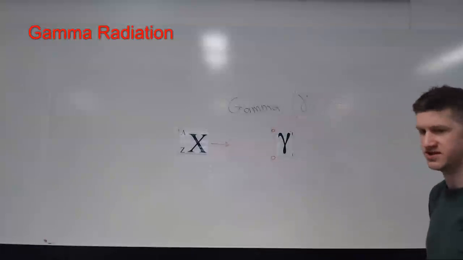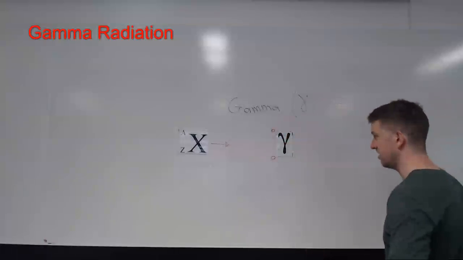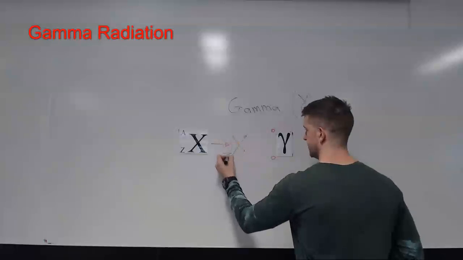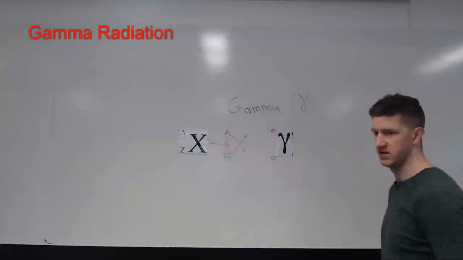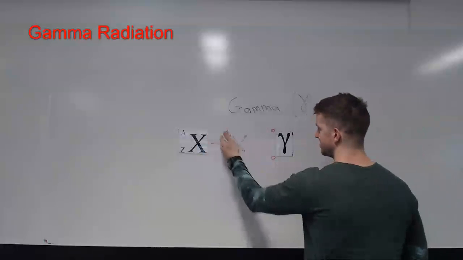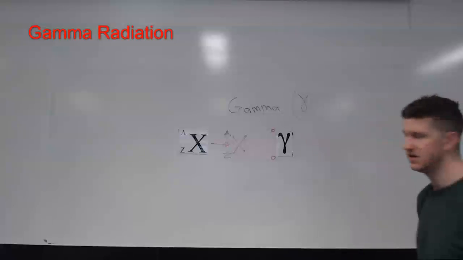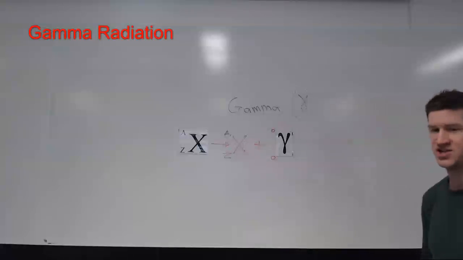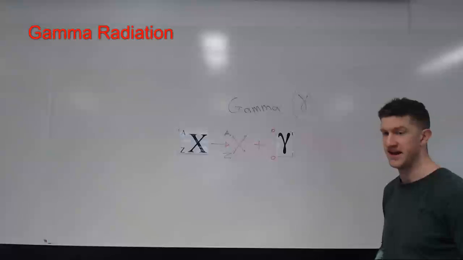If the only thing that's produced is gamma in this case, which is a 0, 0, that tells me that the thing produced is just whatever I started with. So my X stays as X with A and Z, but it produces this super high energy speed of light gamma ray. So that is my gamma radiation.